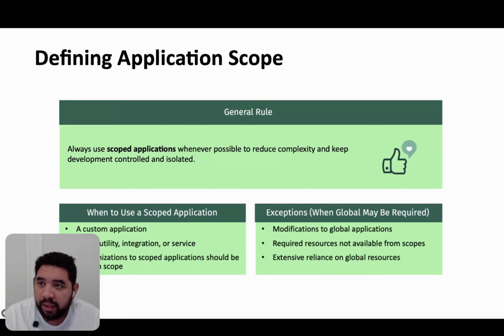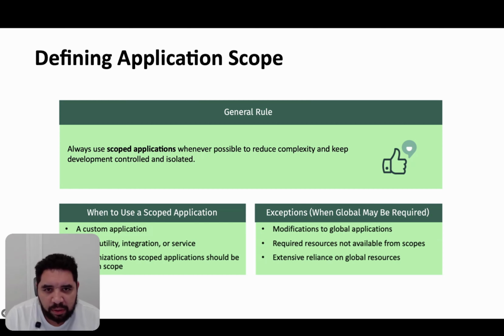So, in this philosophy, defining application scope is a critical architectural decision. The general rule is simple: always use scoped applications whenever possible. Scoped apps reduce complexity, isolate changes, and make your solution safer and easier to maintain. Scoped applications are ideal for custom business apps, integrations, utilities, and any functionality that should not impact the entire platform.